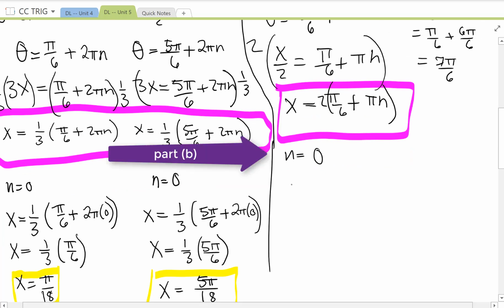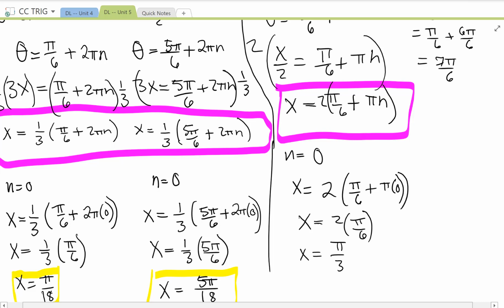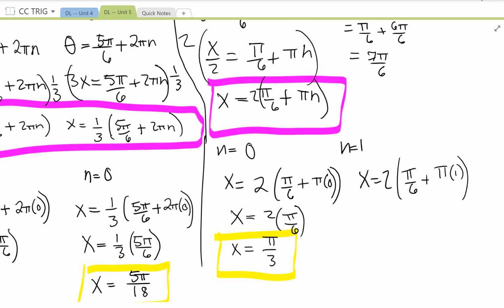n equals 0. That would be 2 times pi over 6 plus pi times 0. That reduces to be pi thirds. Okay, we have our first answer on the interval. Let's plug in n equals 1. x equals, what is pi with the denominator of 6?